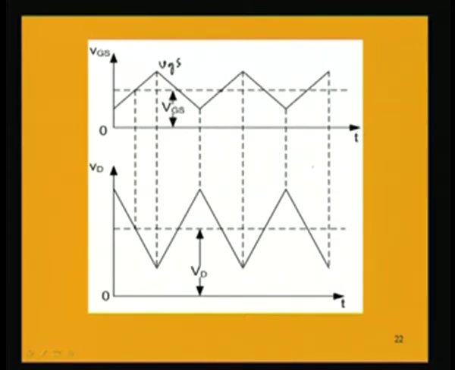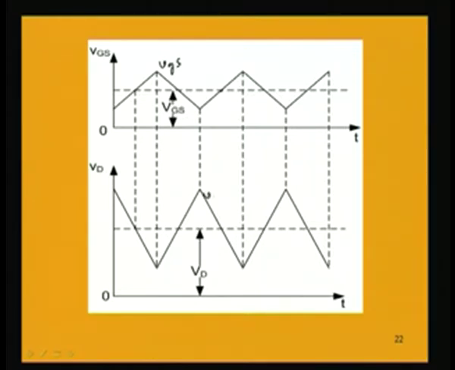Now, in the absence of the signal for the DC VGS, we are having the DC VD. So, this constant part is the DC value of the drain voltage, and on it is superimposed the AC portion, small v small d.